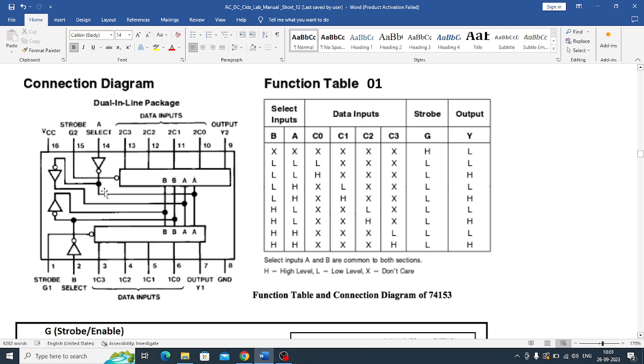S0 and S1 are shown here as A and B. You can see here address inputs as A and B here. A select, B select.